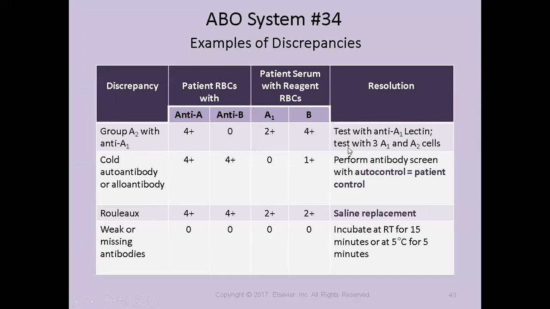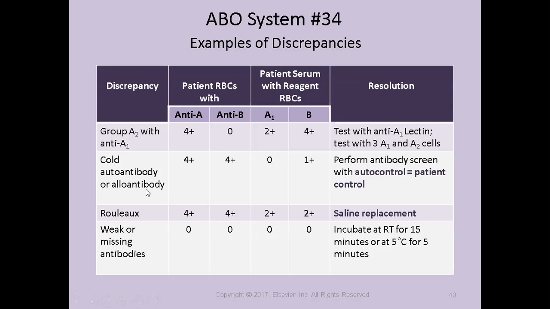And then what we can do with reverse testing is pick 3 different lot numbers of A1 cells and 3 different lot numbers of A2 cells and test the patient's serum, okay, or plasma with all of these cells. Okay, and so if we see agglutination with all 3 A1 cells and no agglutination with the A2 cells, and we don't see any agglutination with A1 lectin, it's basically proving that they're type A2.